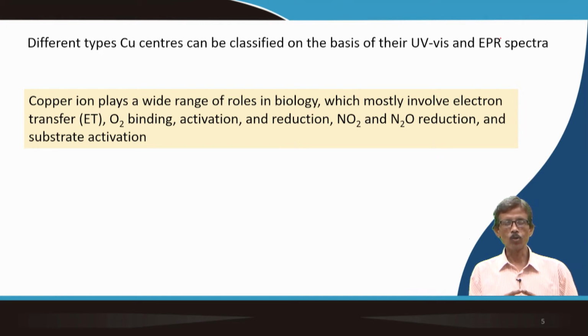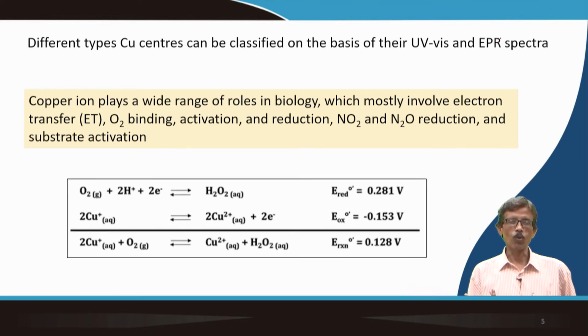Then like cytochromes we will see about the ET processes, then the activation of the O2 molecule and its reduction to superoxide or peroxide, and the reduction of nitric oxide as well as nitrous oxide. That is why nitric oxide reductases and nitrous oxide reductases are available, and finally, the substrate activation, like any kind of coordination of that particular molecule like catechol, we will have the catechol oxidase. So, catechol will be the good substrate.